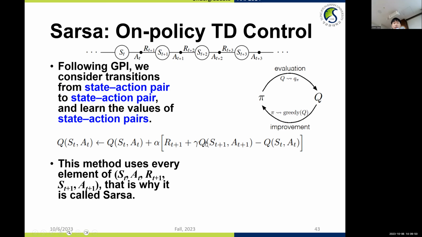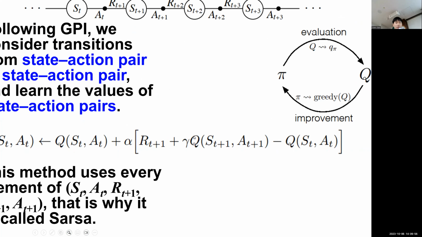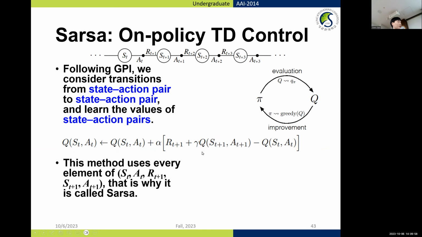If you look at here, we put in the TD learning. Notice that here all the values become Q, Q, Q, Q instead of V.